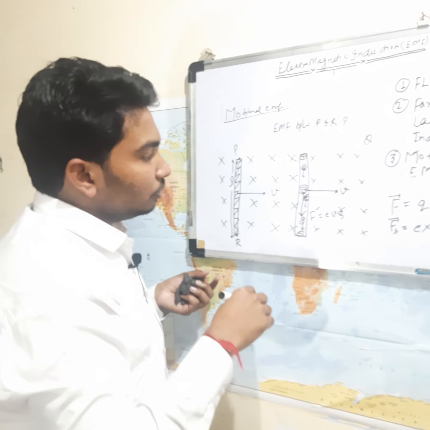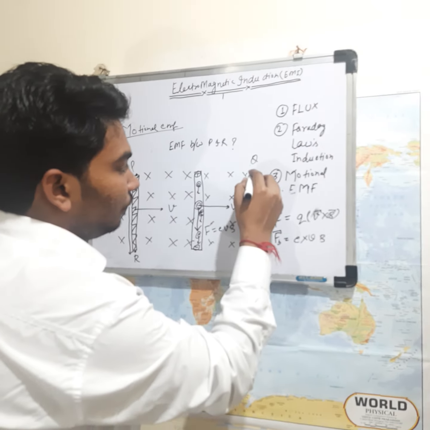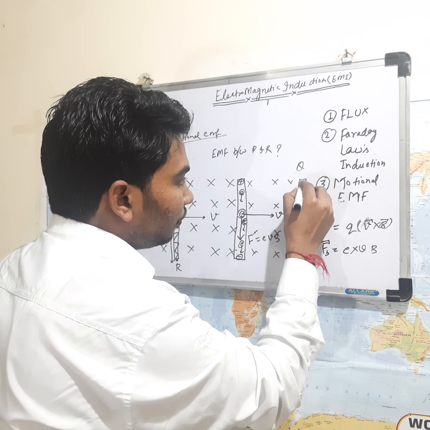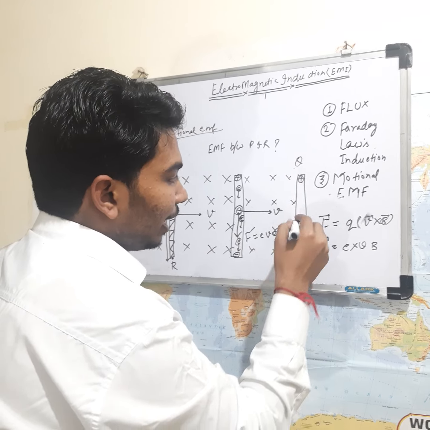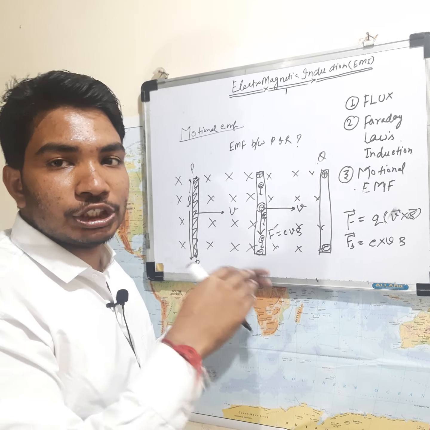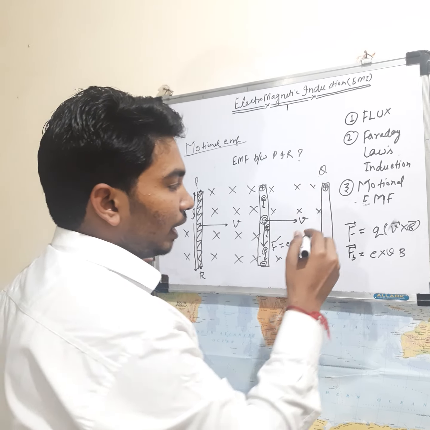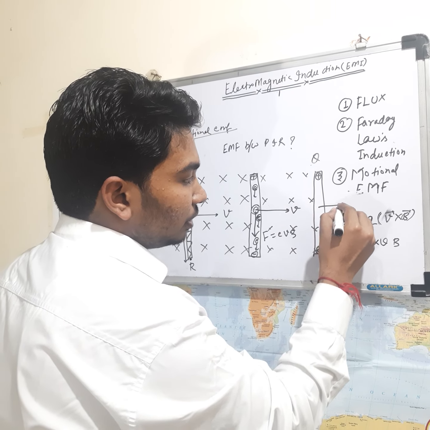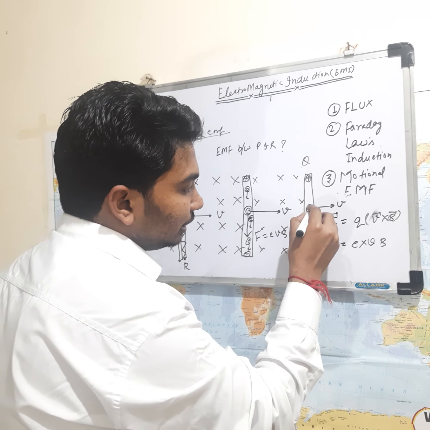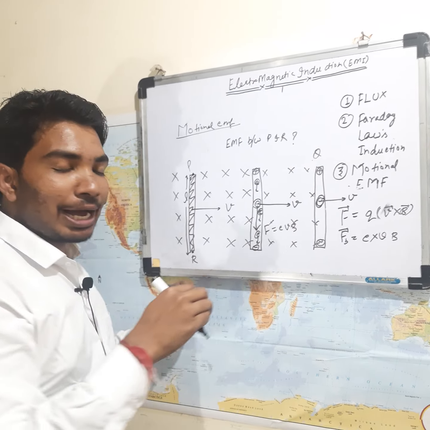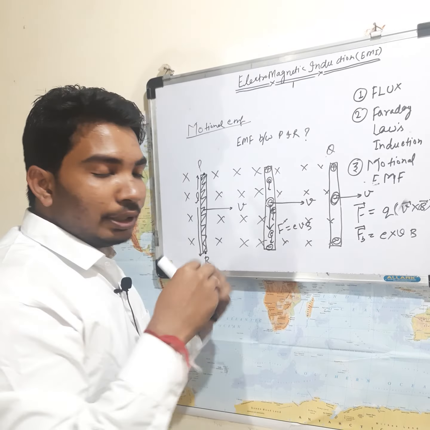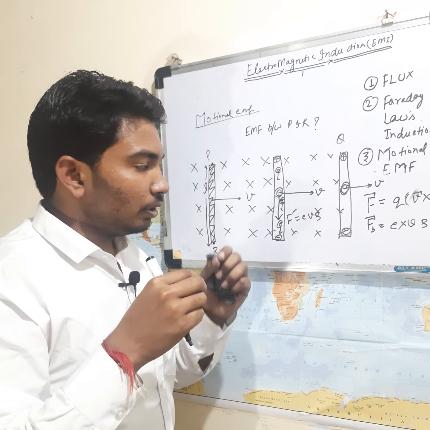In the final version of this rod, there is a positive charge and a negative charge, and in steady state there is no redistribution of charge. In steady state the velocity is still V, but an electron is in equilibrium, meaning it balances both forces.